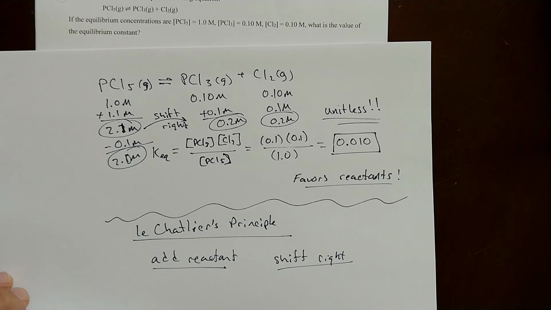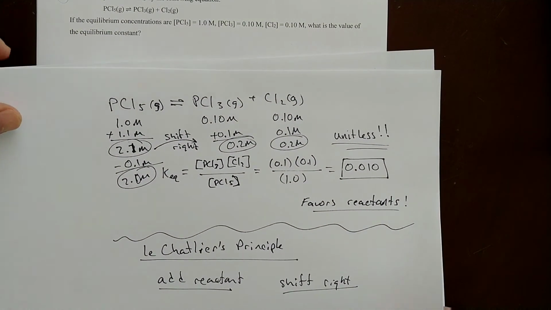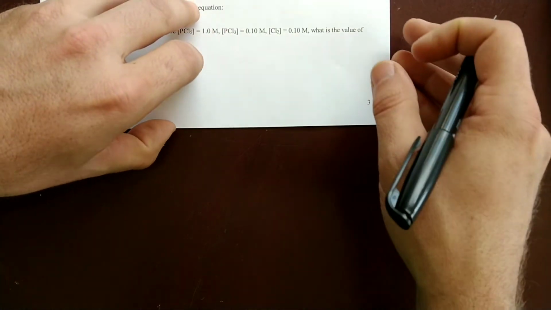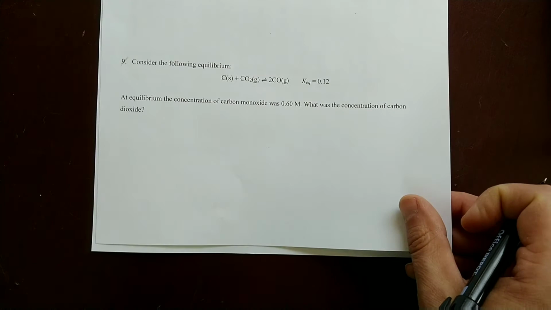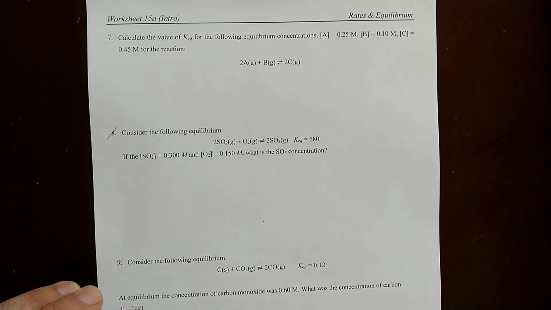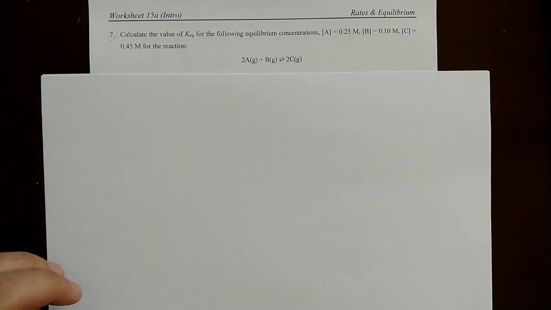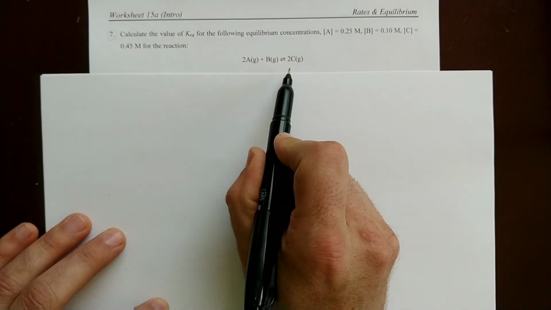This was a very simple example, and the next one's not so terribly hard, but let's go on and work on problem number 7. I'll flip this over. So find problem number 7 here on this page, and I'll get some paper to write on. All right, so this is a very generic reaction. This isn't reactants that we know of.